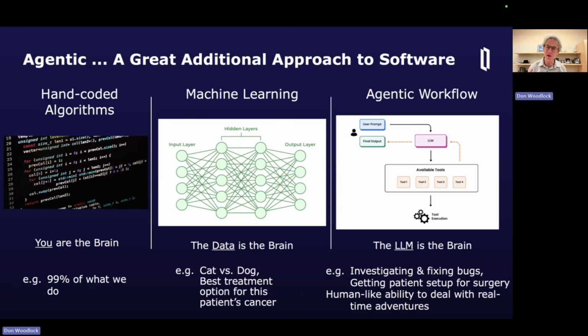Machine learning was a newish approach, and it's interesting because the data is the brain. We never figured out in column one how to write an algorithm that would tell a cat from a dog, believe it or not. We just couldn't do it. But we found a generic learning algorithm, fed it 1,000 pictures of cats and 1,000 pictures of dogs, and it figured it out.